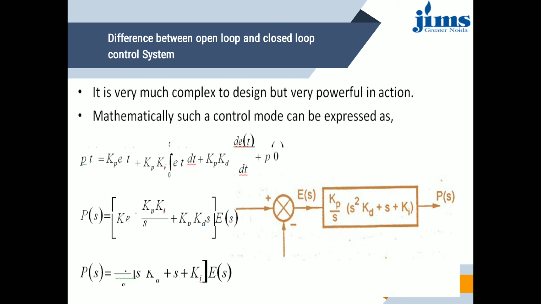Mathematically, it can be represented as m(t) = Kp e(t) + Kp Ki times the integral from 0 to t of e(t) dt. So in this case, P(s) will finally be equal to Kp (1 + Ki/s) E(s).